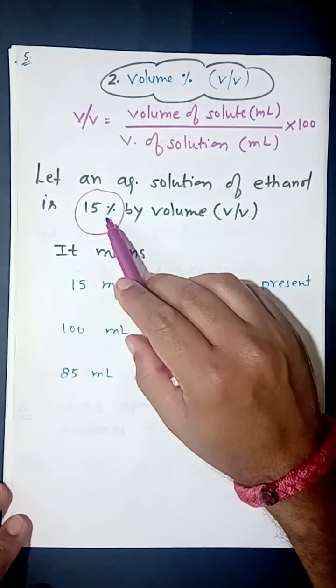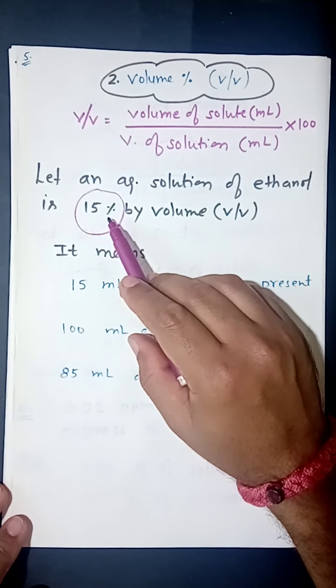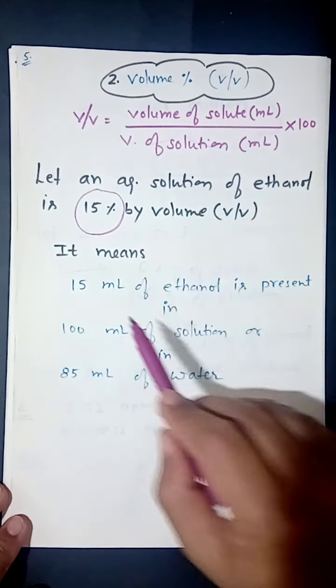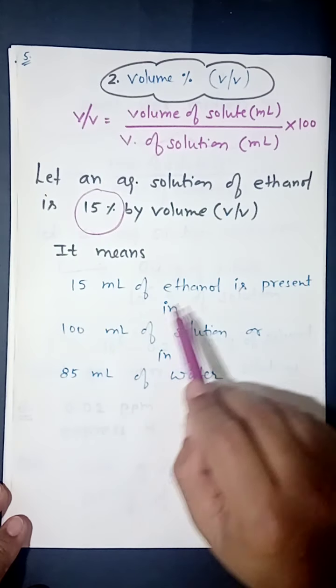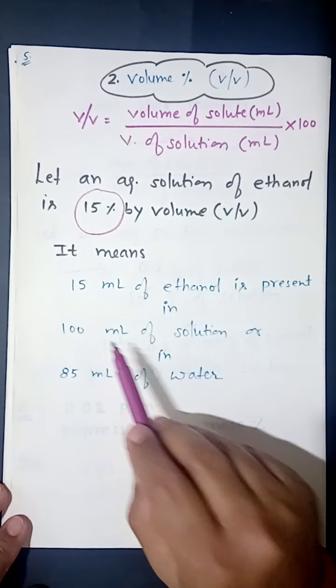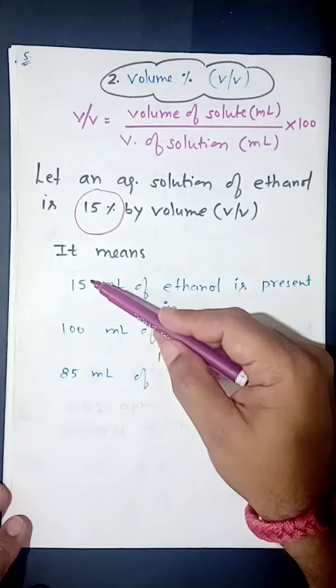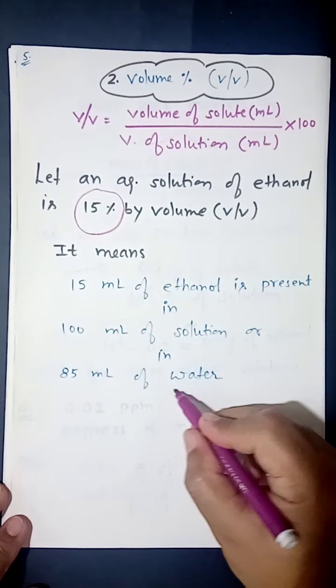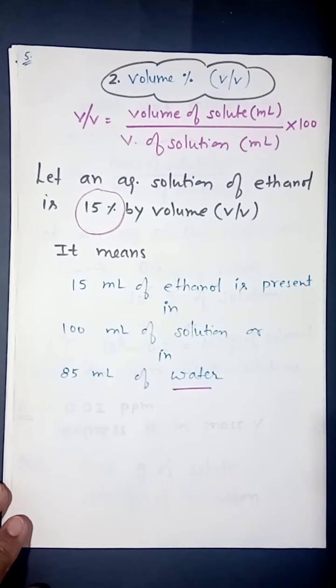If it is 15% by volume, once again 15 solute, 100 solution, but this time with respect to volume. It means 15 milliliter solute dissolved in 100 milliliter solution. Once again, when you subtract solute from solution, you will get the amount of solvent, which is water here.